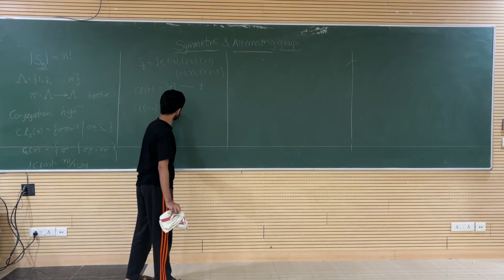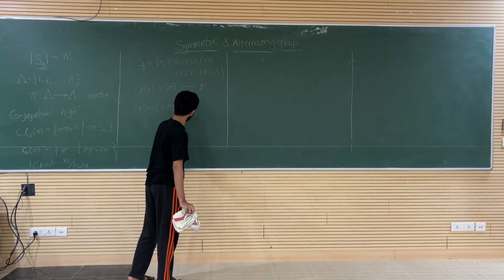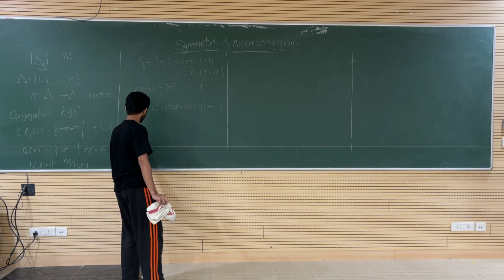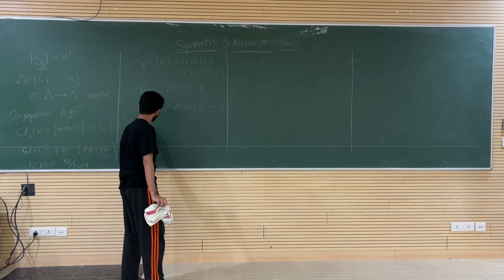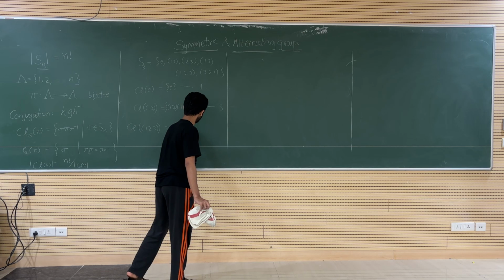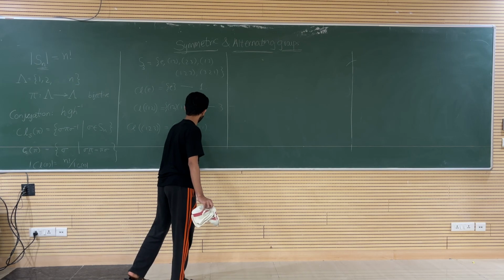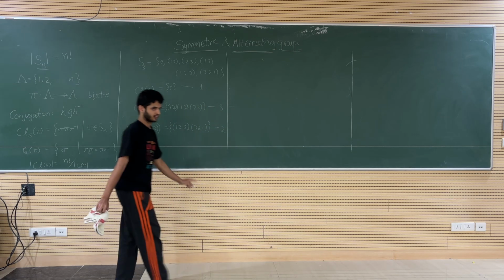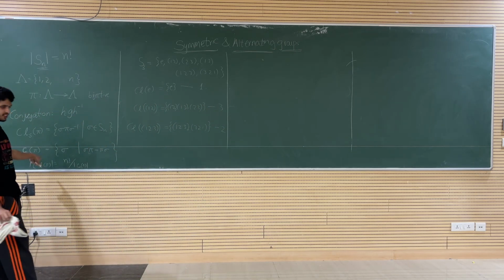All the 2-transpositions: (1 2), (1 3) and (2 3). The size is 3. Now what is the conjugacy class of this element? This is all the 3-cycles, (1 2 3) and (3 2 1). This has size 2.